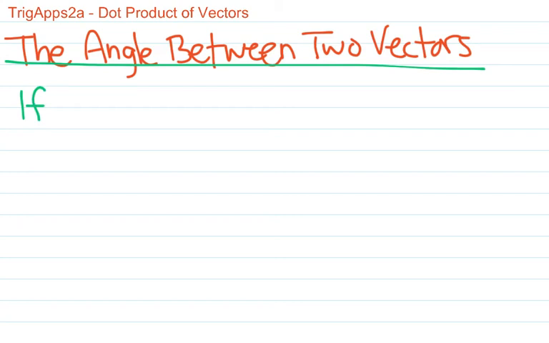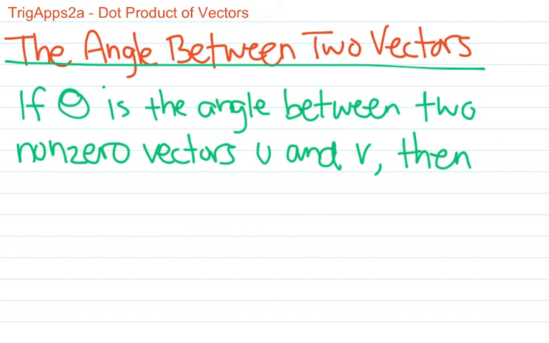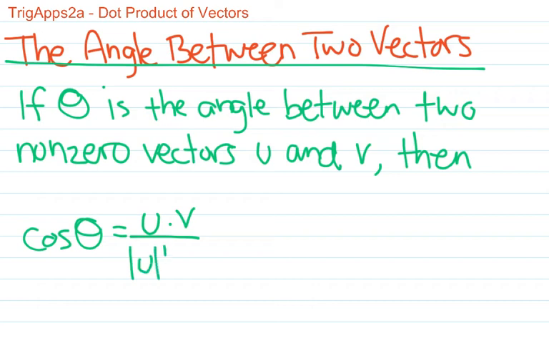If theta is the angle between some non-zero vectors, call them u and v, then, and it's a very formulaic approach at first, and maybe we'll dissect this later, cosine of theta is equal to the dot product, aha, we're using this in application now, over the magnitudes of the two vectors being multiplied by each other.